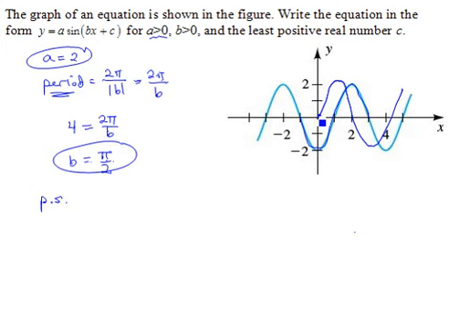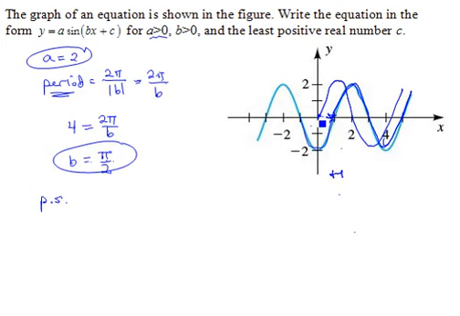We can see that this has been shifted from that standard sine curve 1 unit to the right, which would give us this portion of the curve. So that could be seen as a phase shift of +1.